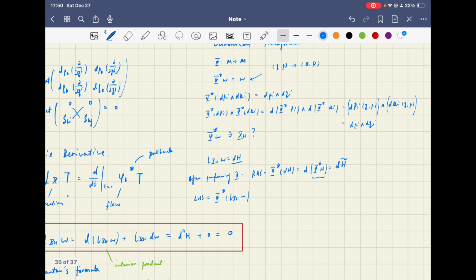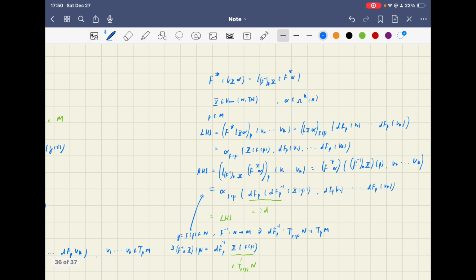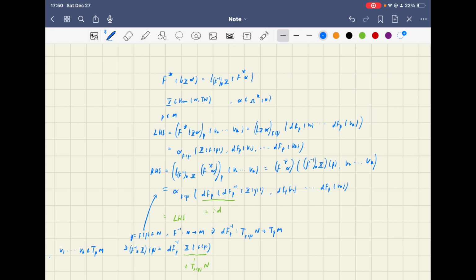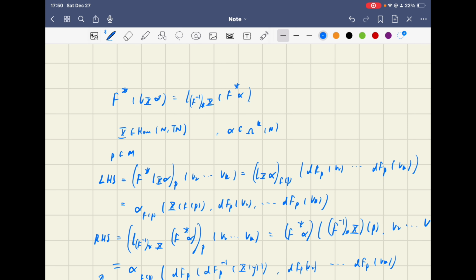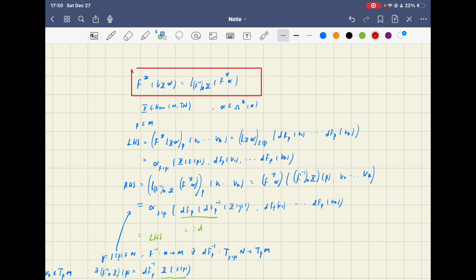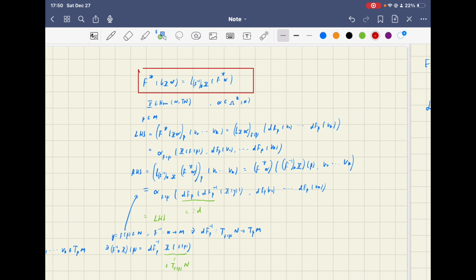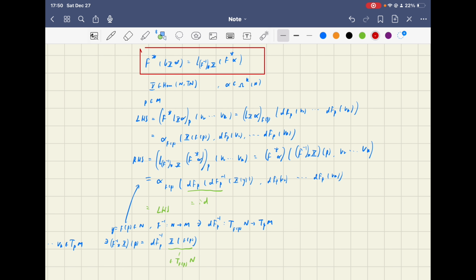Here we have to use a property between pullback and push forward. So this is the equation we need to use, and it's general. It does not only apply to the Hamiltonian vector field, and its derivation goes as follows.